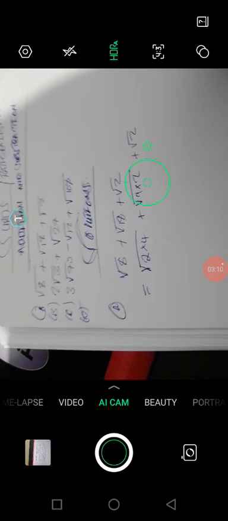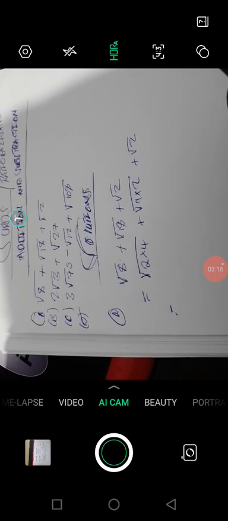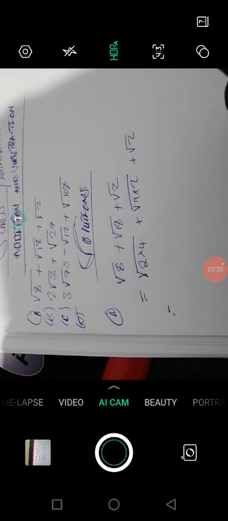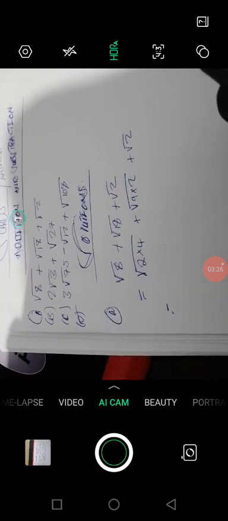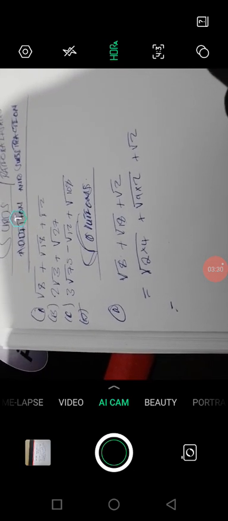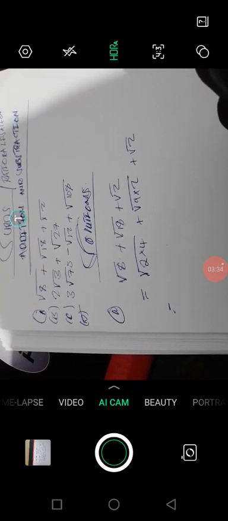Before going further, you can only add and subtract surds when the numbers under the root are equal. Even if the numbers outside the root are not equal, you can add and subtract them if the numbers under the root are the same.